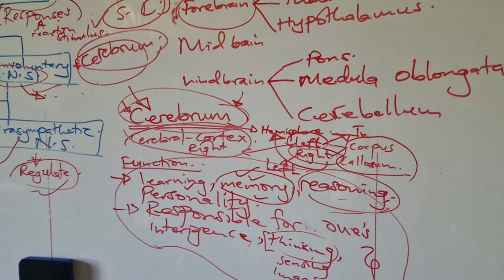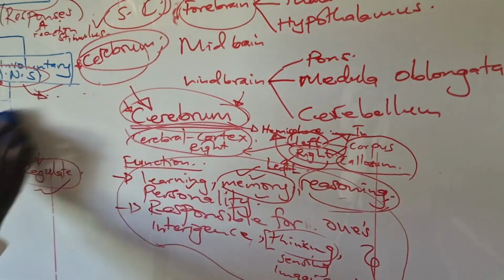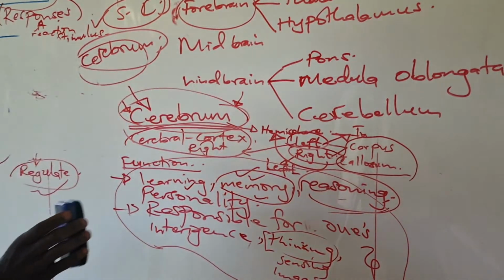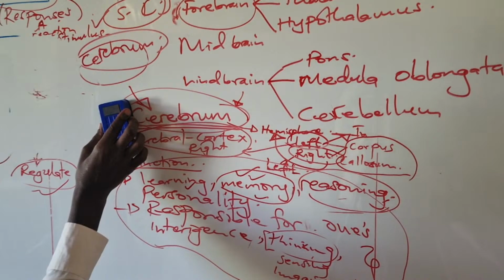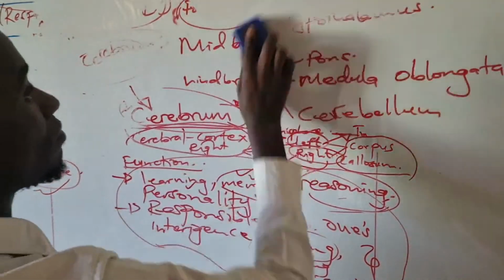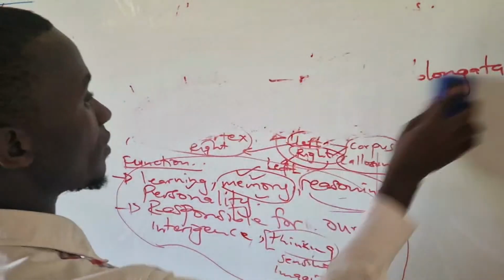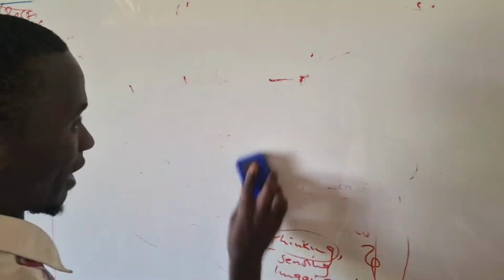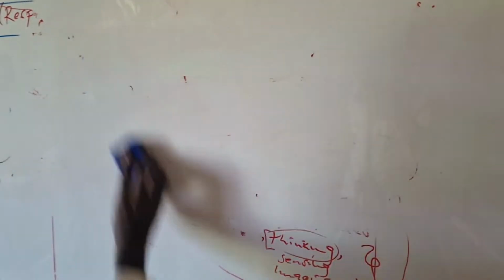The thalamus is just located after the cerebrum.